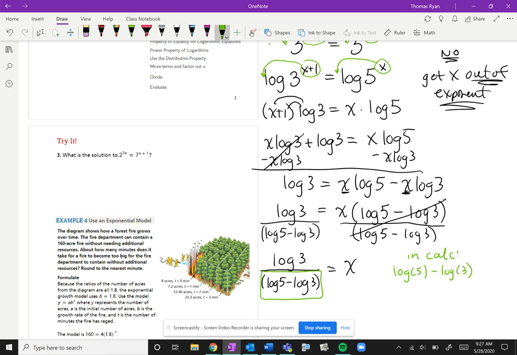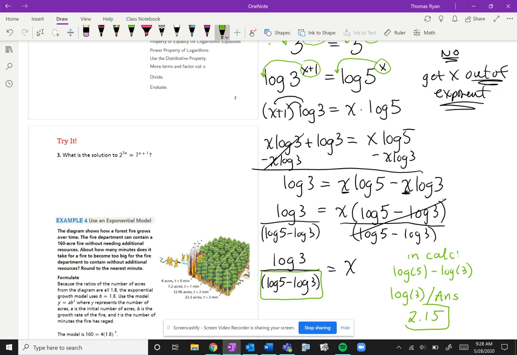If you're using a graphing calculator, which hopefully you have, you can always round, but we're trying to be exact. So now you can do log 3 divided by the most recent answer, which is the second answer key. So anyways, you get 2.15.